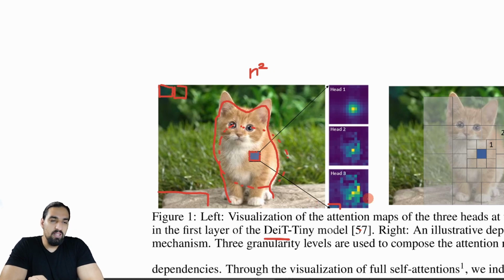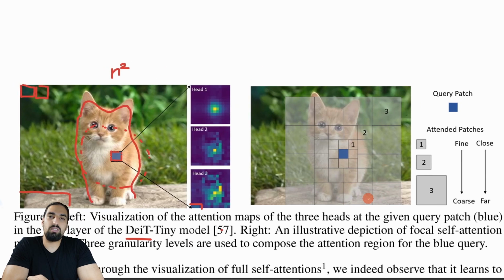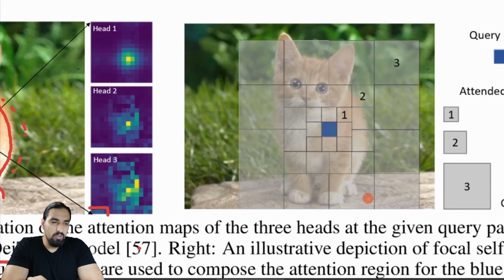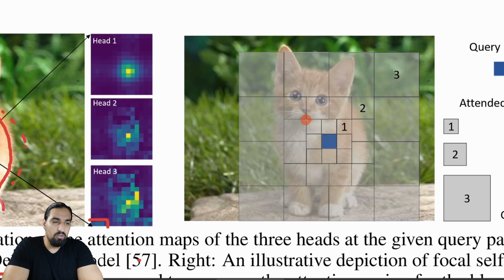So what this novel focal self-attention does is the following. The idea is to attend to nearby patches with a fine-grained structure. As you can see here, we attend these closer patches with a fine resolution. But once we start getting further and further away from the query patch, we start attending to coarser representations. They take these 4 patches here and summarize them into one big patch.